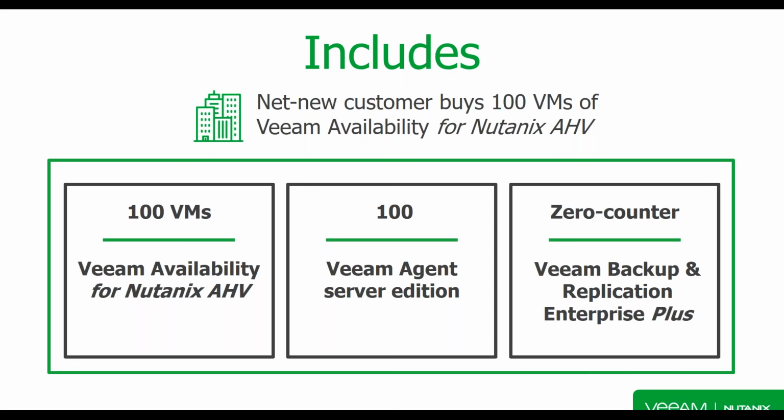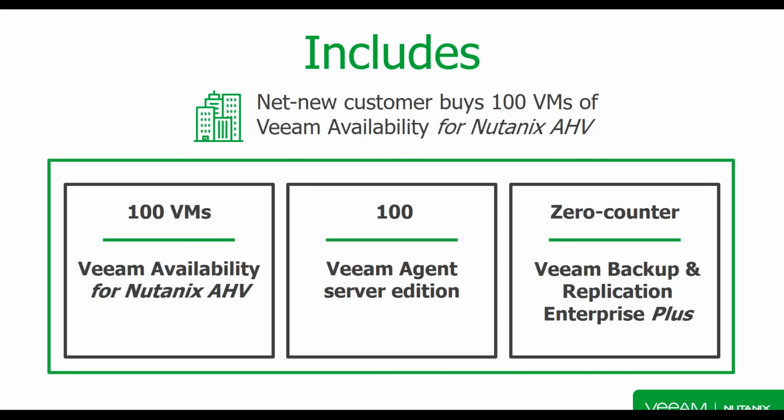You now basically buy the number of VMs you want, and you're off and running. If you want to stay with socket-based licensing, we can take care of that too, but you'd probably need a VP approval from the Veeam side if you're an existing customer, but I don't want to muddy the waters.